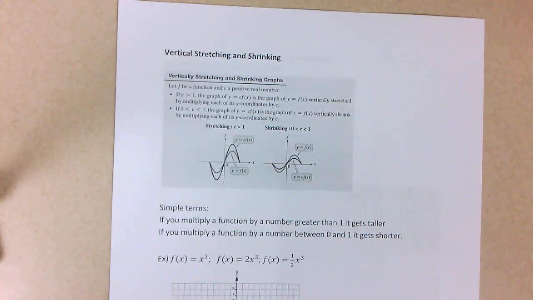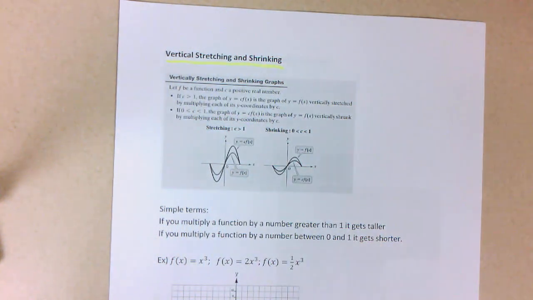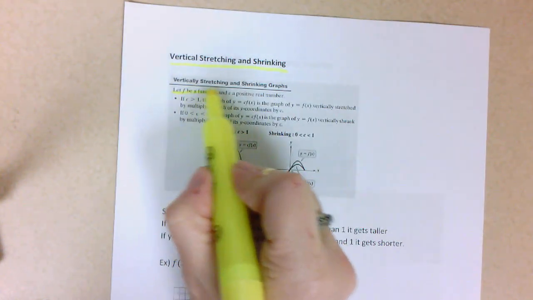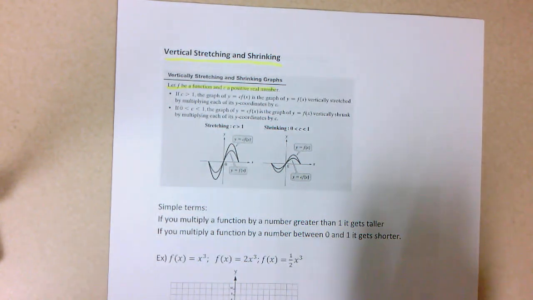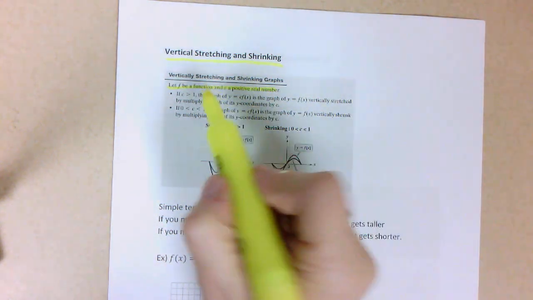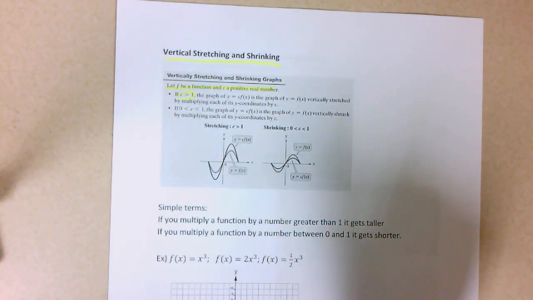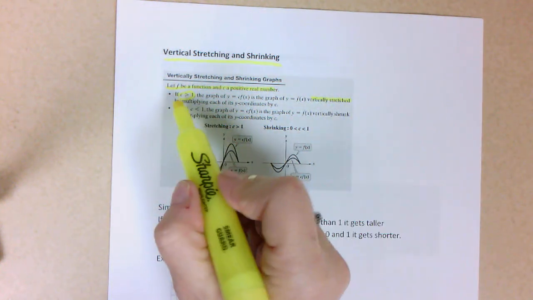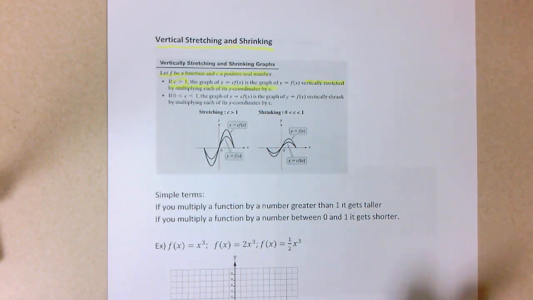All right, let's talk about vertical stretching and shrinking. Okay. So let f be a function and c be a positive real number. If c is greater than 1, the graph of y equals c times f of x is the graph of y equals f of x vertically stretched by multiplying each of its y coordinates by c.